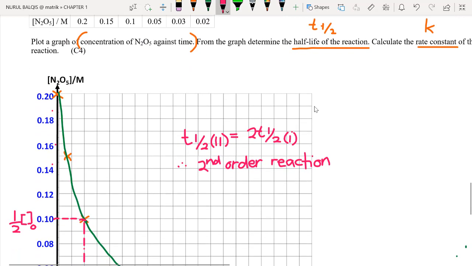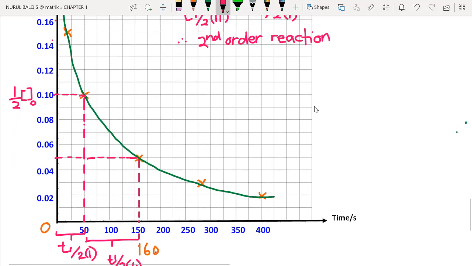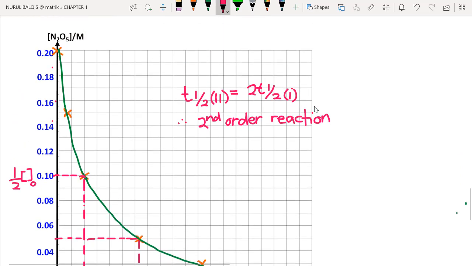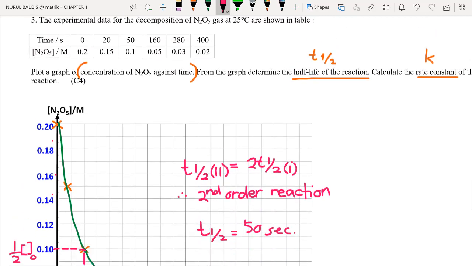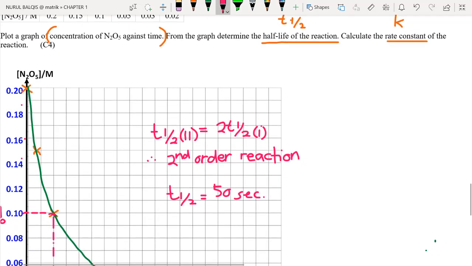So we already know the half-life is going to be 50 seconds. So therefore, your half-life is 50 seconds. Okay, so you've already answered the question regarding half-life: 50 seconds. And then calculate the rate constant of the reaction.